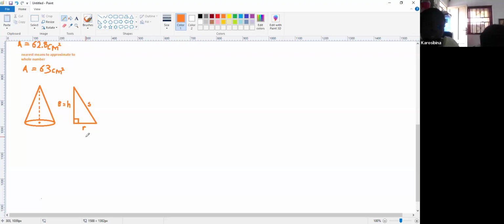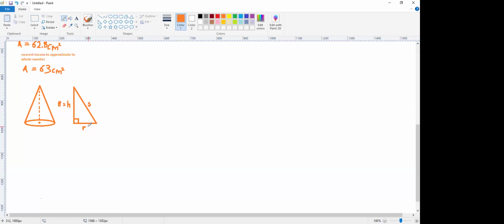That will be 6, correct. So that means R is equal to what? 6. Now, they asked us for S. So let's put a question mark there. We don't know what that S is. That's what we're supposed to find.